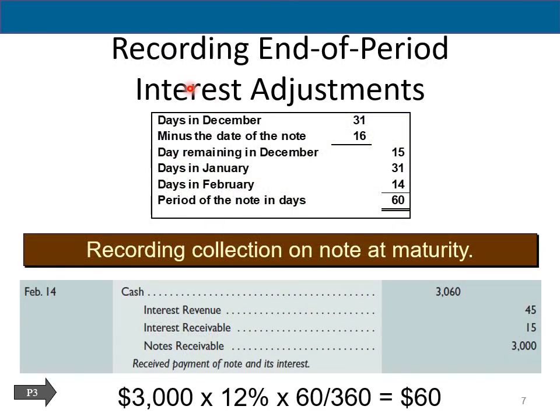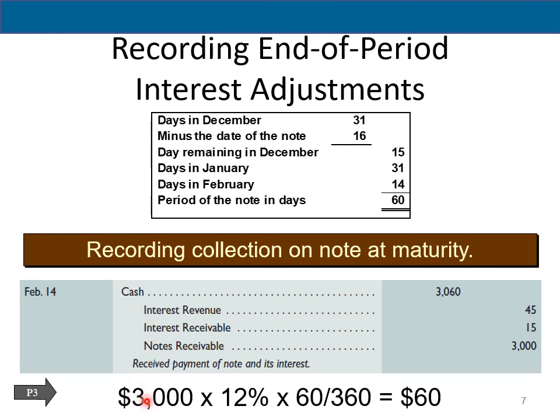Now, when the note does in fact mature, this is what the entry looks like. The note comes off the books at $3,000. The interest receivable from the previous journal entry comes off because we're collecting now. We need to compute interest on the remaining note.